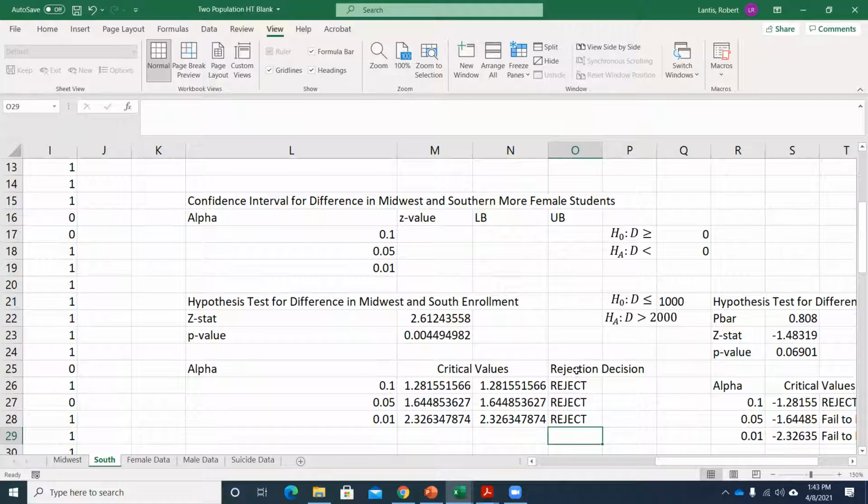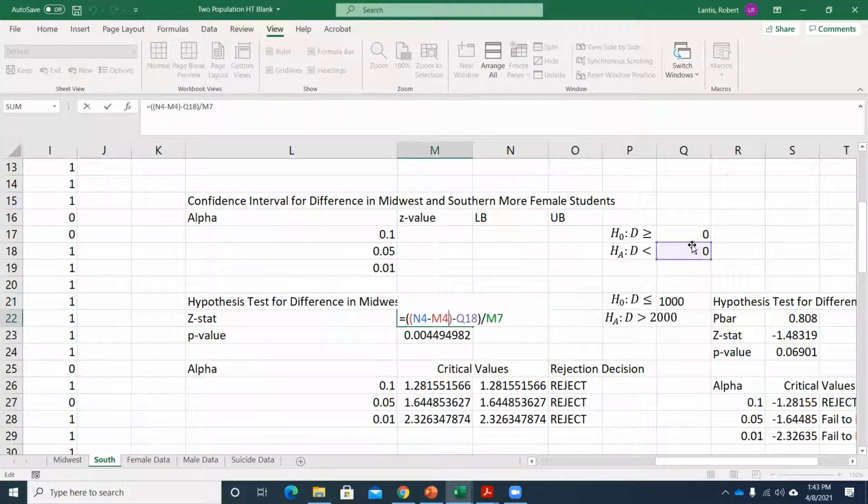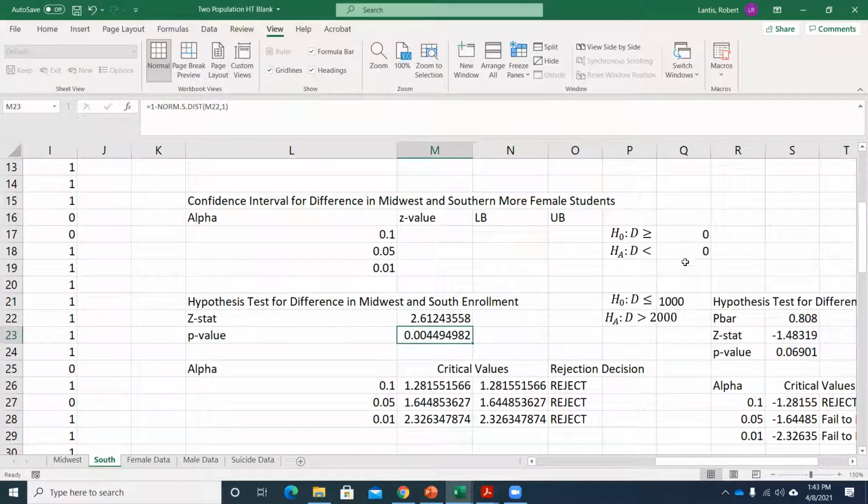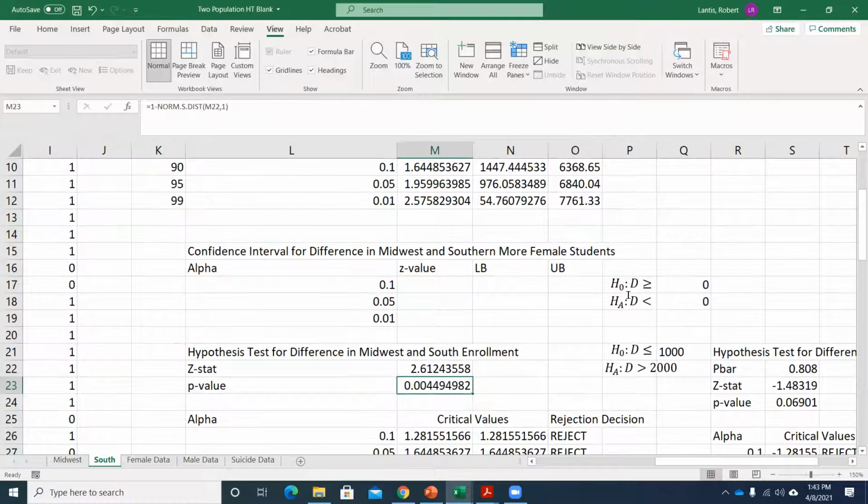Now, before we leave, one thing I just want to show you is, why did I subtract that assumed true difference of 0? That's not going to change anything, because for what we're doing, you're always going to have this assumed true difference of 0. But in this example, I can reject the null hypothesis here. Actually, I think these are flip-flopped, because this is what it actually should be.